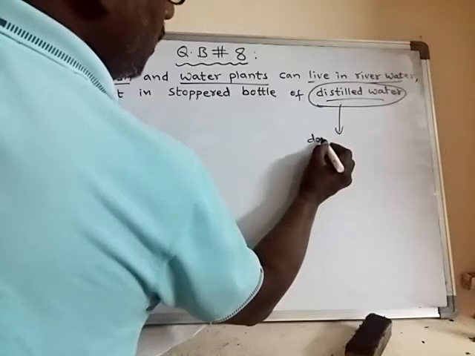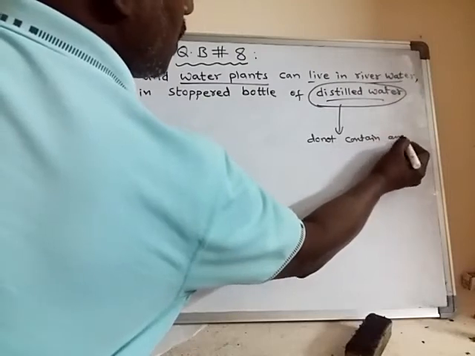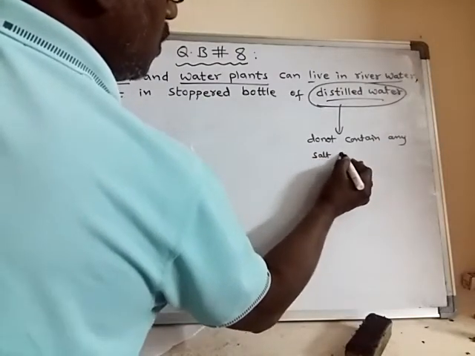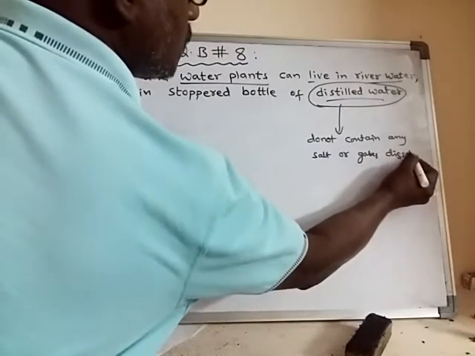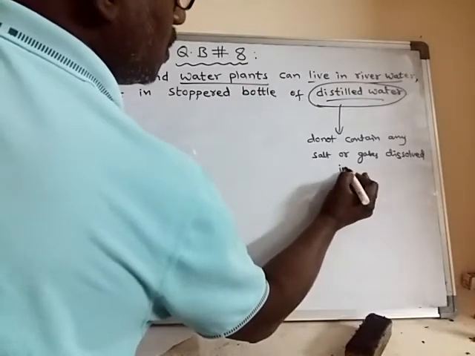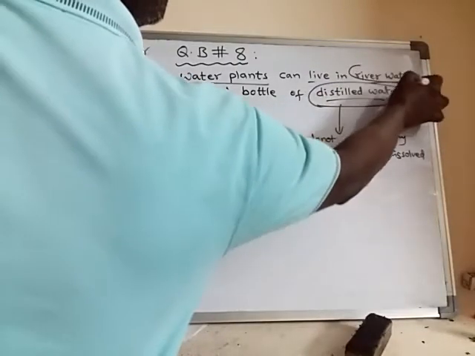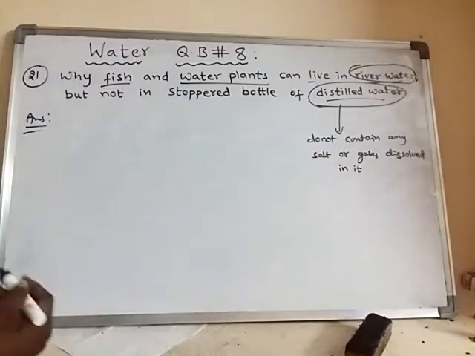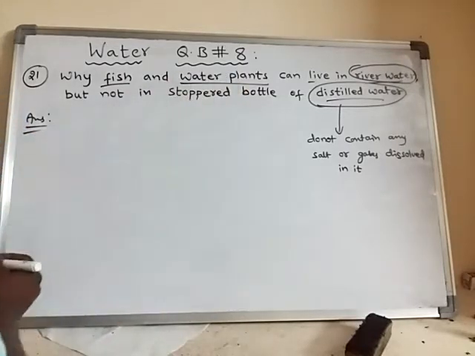Distilled water does not contain any salt or gases dissolved in it. Whereas river water contains dissolved oxygen, which is necessary for the plants and fishes.